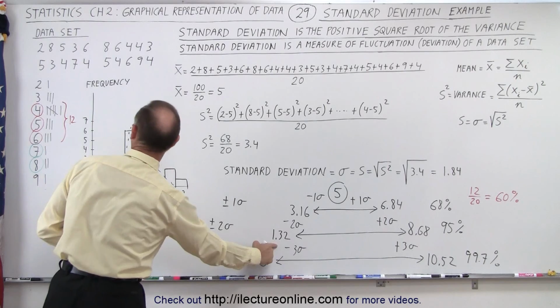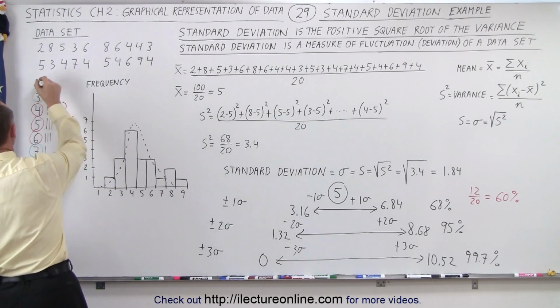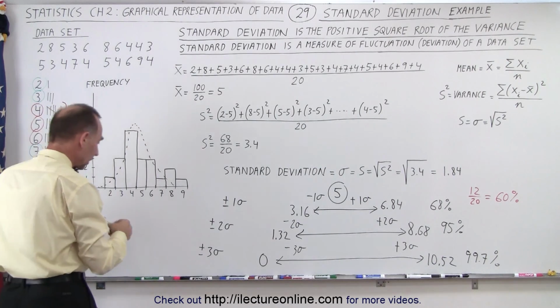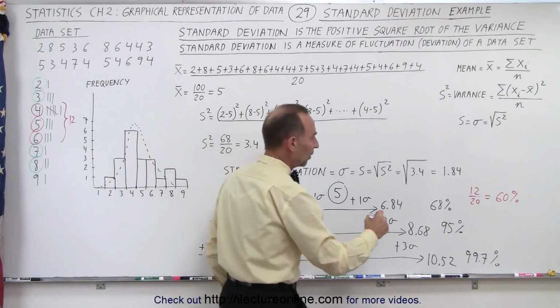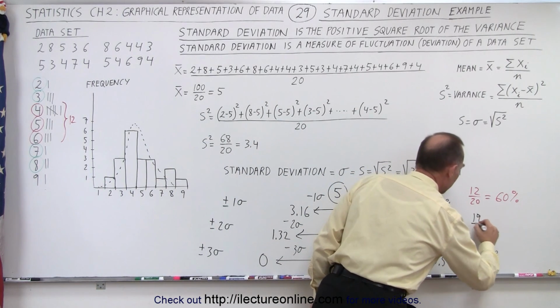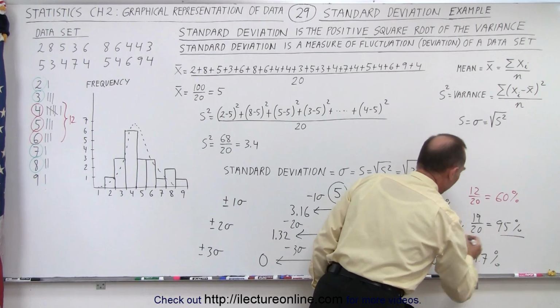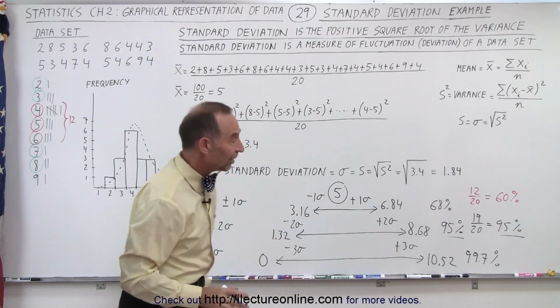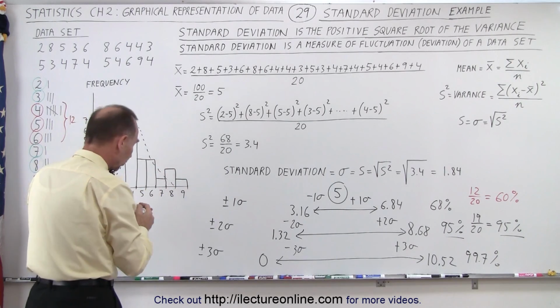And on the low side, I also include the 3 and the 2. So now all but 1 fit inside plus or minus 2 sigma, and so that would be 19 out of 20, which is 95%. And notice it's exactly the predicted value. So it means that it is fairly close to a normal distribution.